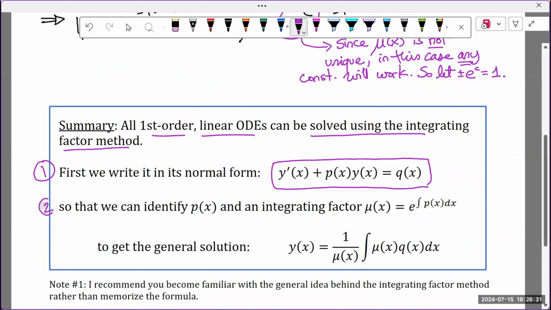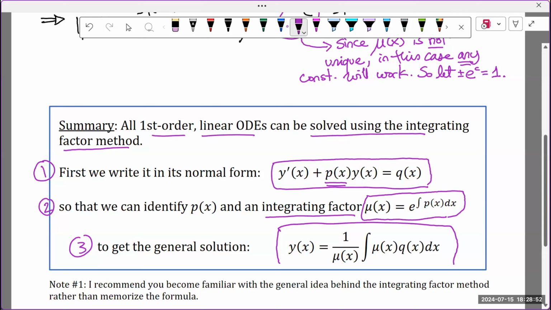So that next, we can identify what this function p is. And you can see that's why it's important, because the integrating factor is determined by taking e raised to the integral of that function p. That, in the end, gives us the general solution to our ODE, which is simply 1 over mu times the integral of mu times q dx.